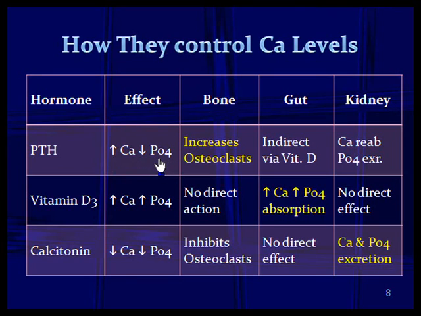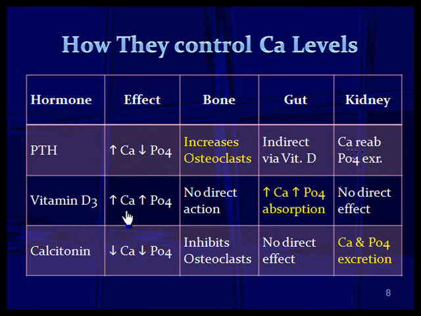This is facilitated by an increased activity of the osteoclasts in the bone. Indirectly, it acts via vitamin D in the gut, and on the kidney, calcium reabsorption is facilitated and phosphate excretion is increased by parathyroid hormone.